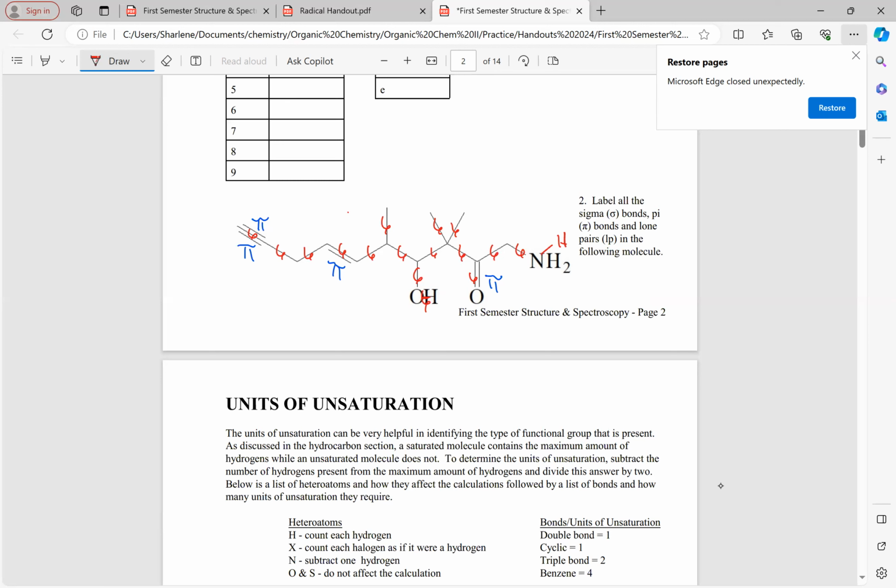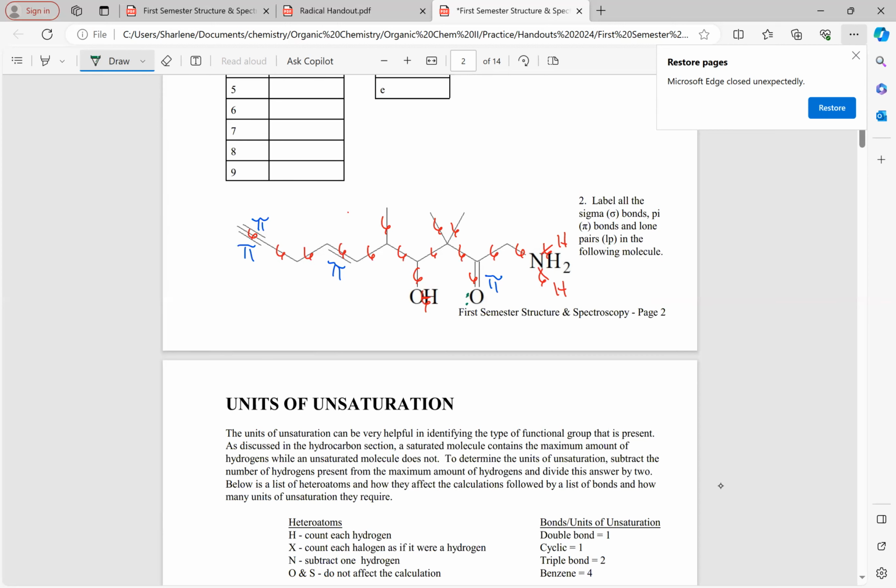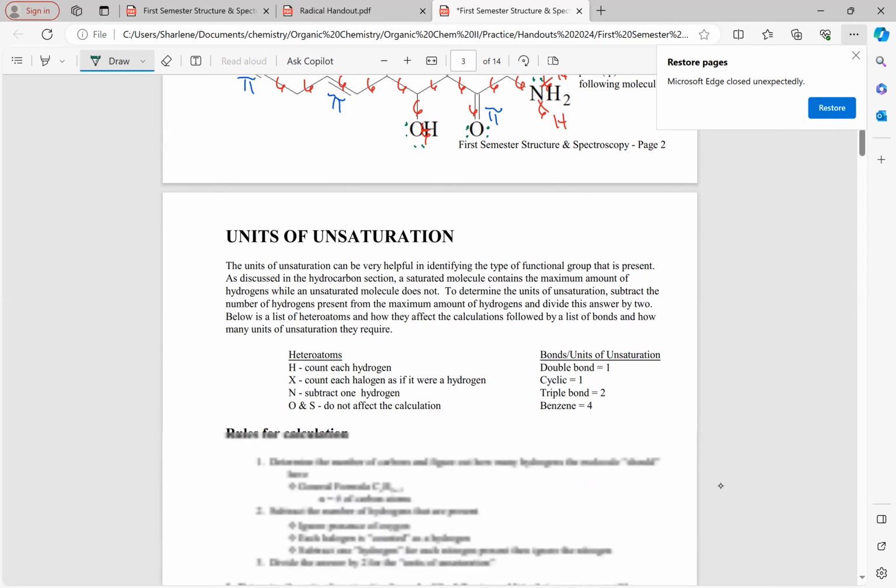And remember, there's two hydrogens right there, so they're drawn. And then, of course, change colors. We'll do green. There's a lone pair and a lone pair. Okay. And then the angles that go along with all of those.